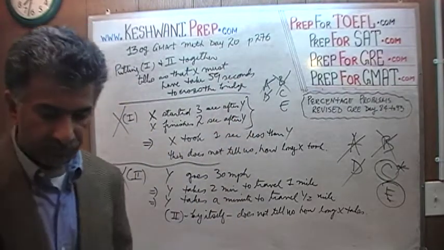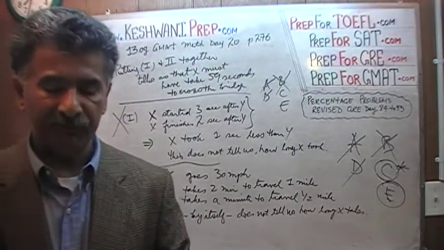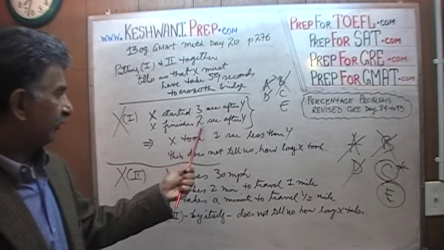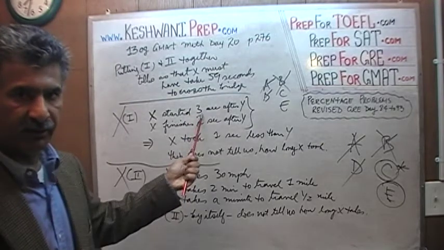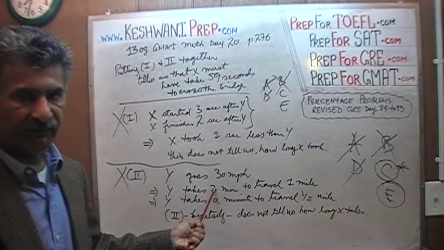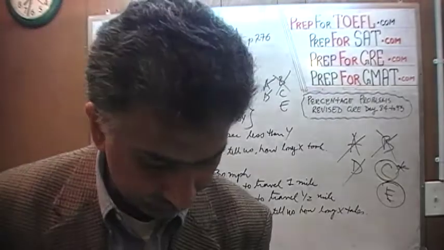From the first statement we gather that X is taking 1 second less than Y, because he is starting out 3 seconds later but finishes only 2 seconds after the other guy finishes. The second statement tells us how long Y takes. Y takes exactly a minute to cross the bridge. So X must take 59 seconds. That's it. The answer is C.